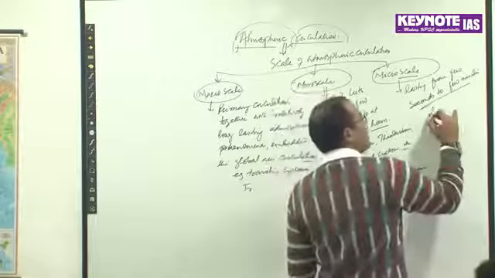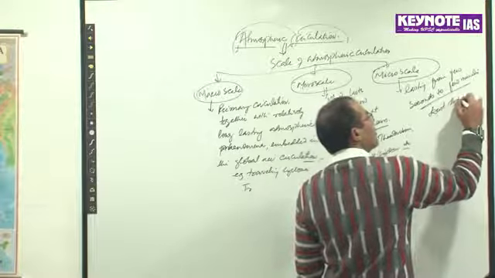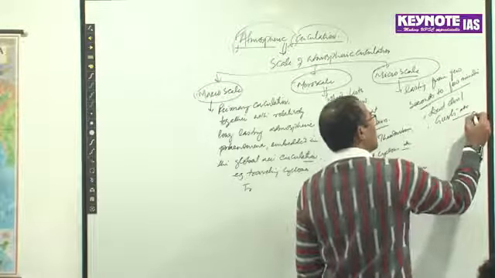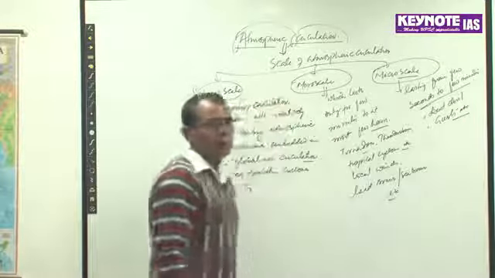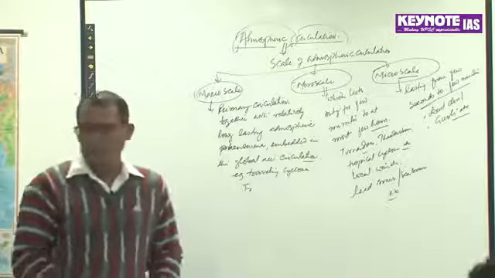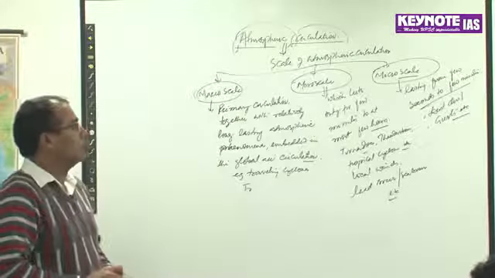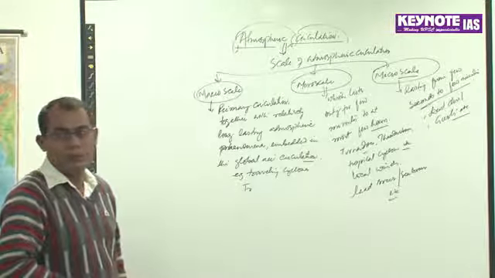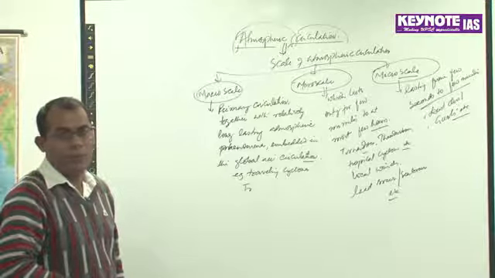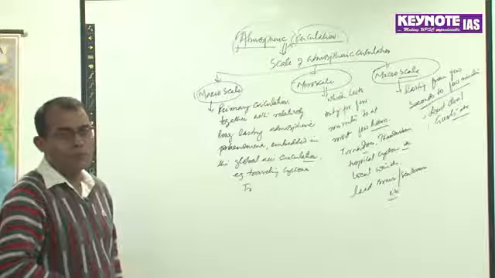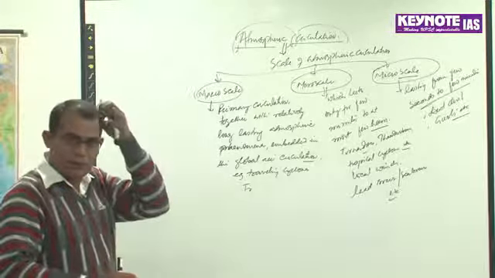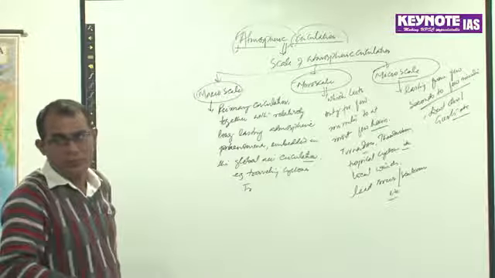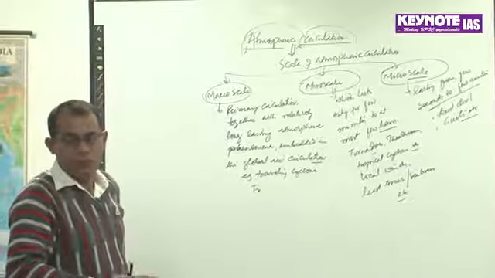Best example is dust devil, gusts, etc. What are gusts? Very high speed wind for a very small period of time. A storm is much bigger.